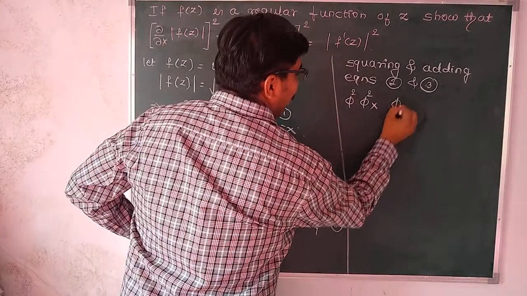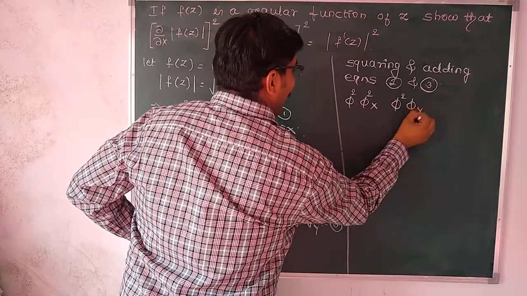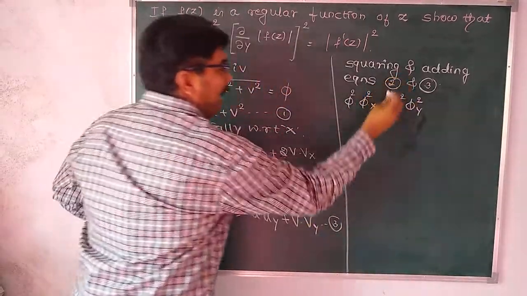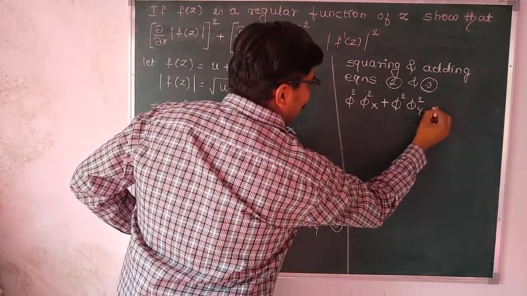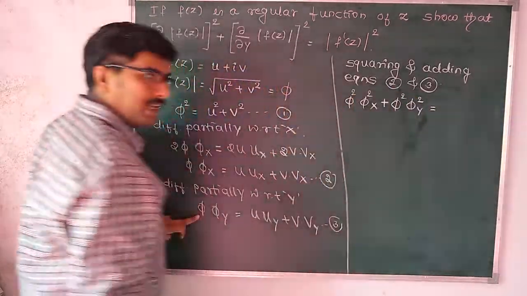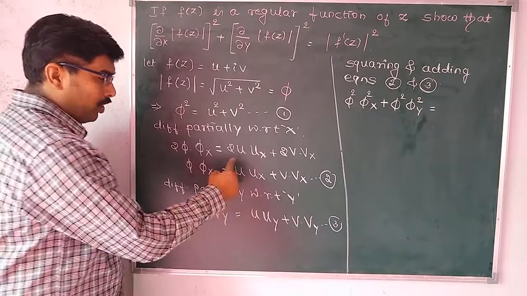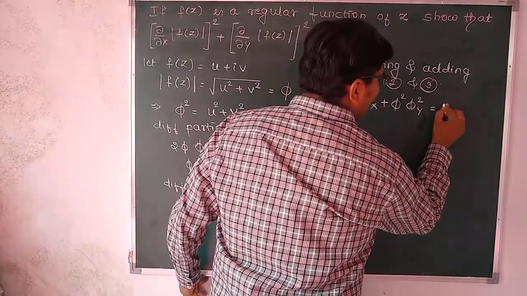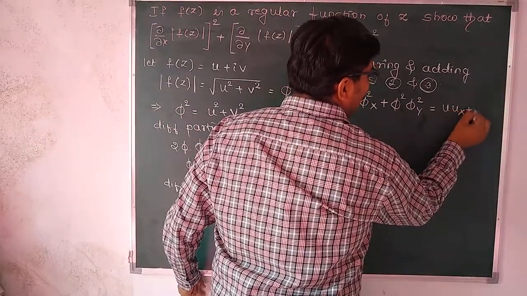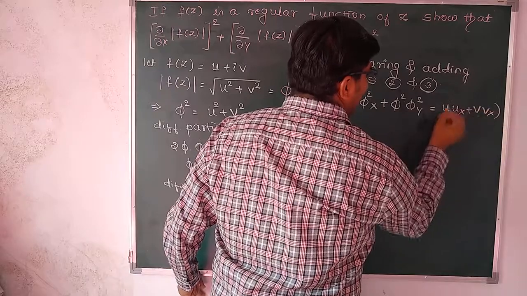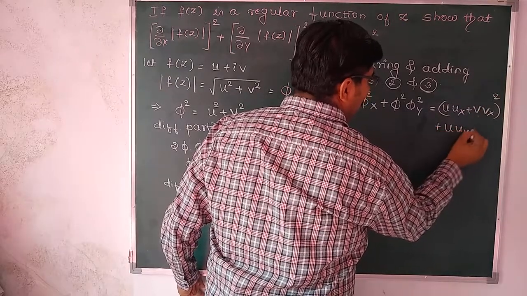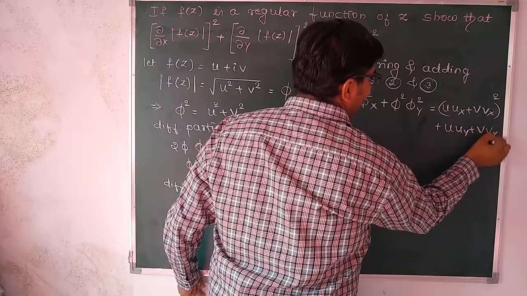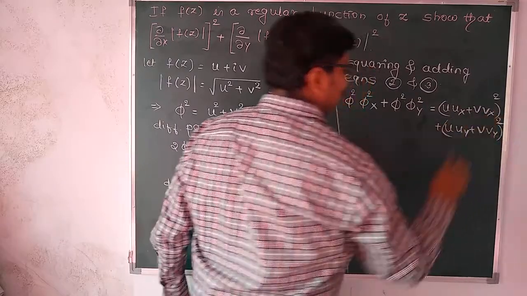That is phi square y. And adding means, write down here plus sign. Similarly, on the right hand side, what you will get? On the right hand side, we have to square this, that you will get ux plus vx whole square plus similarly uy plus vy whole square.